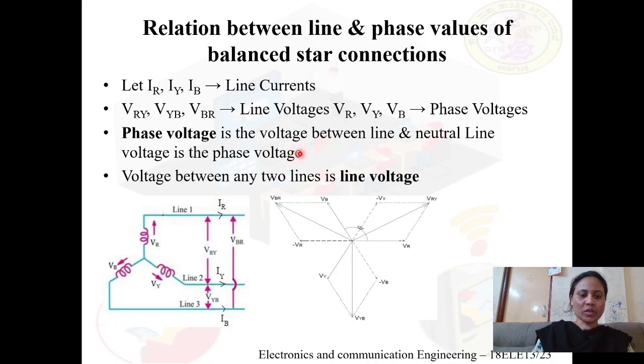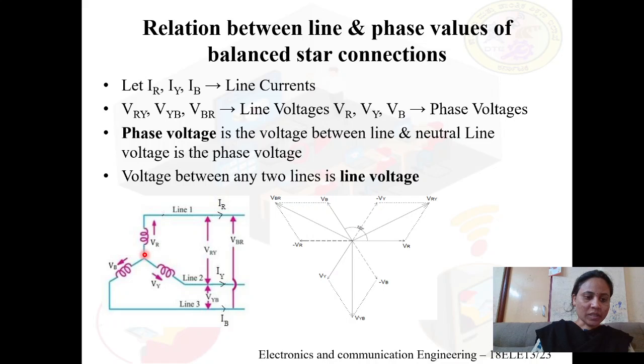Phase voltage means the voltage across each phase, or the voltage between any line and the neutral point, is called the phase voltage. In this example, we have considered a star network. VR is the phase voltage, VB is the phase voltage and VY is the phase voltage, right? So across each phase, whatever the voltage, we call it phase voltage.